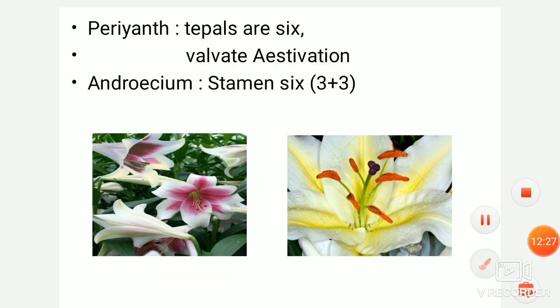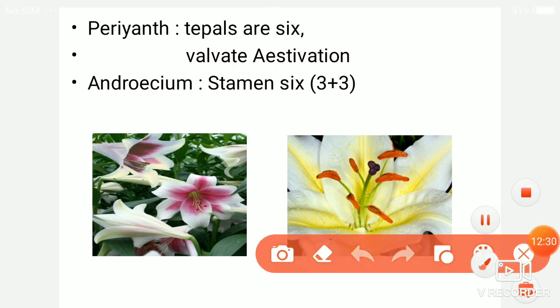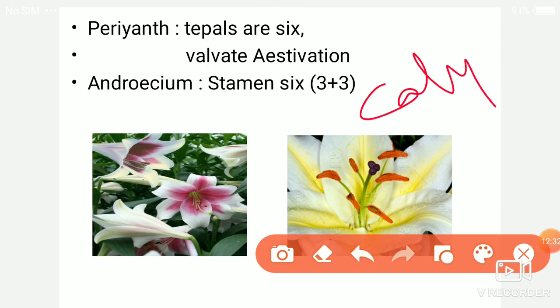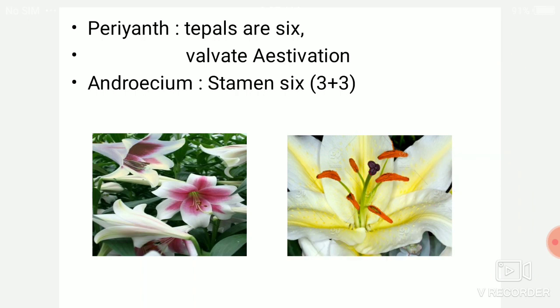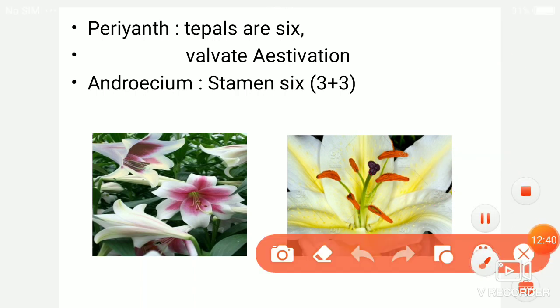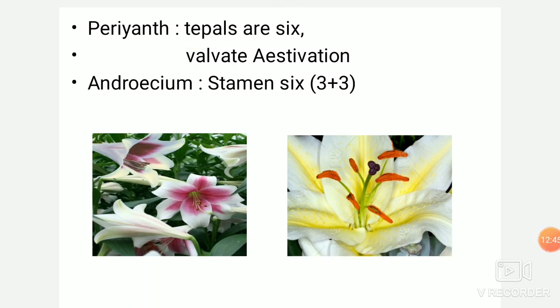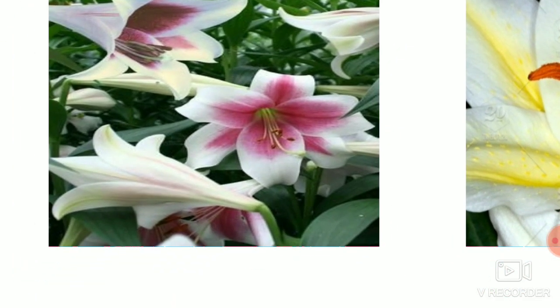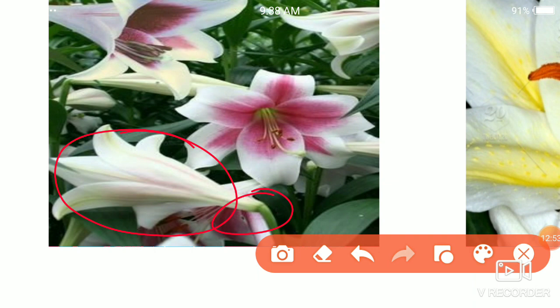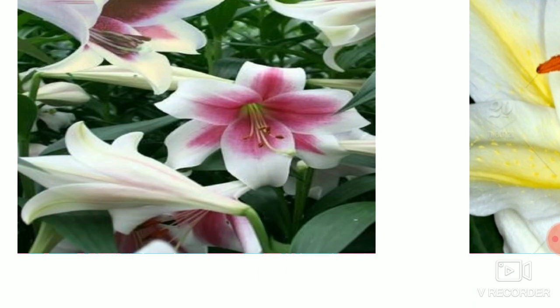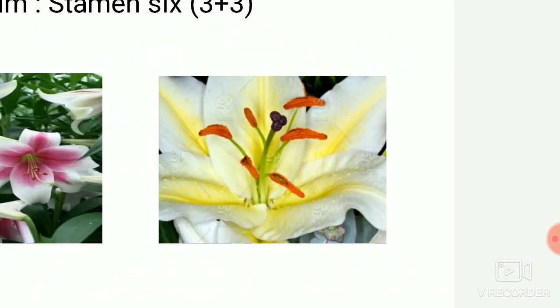An interesting thing here is they don't have a separate calyx or separate corolla. Both are fused. If both are fused, what it can be called? Tepals. You can see here, in this, petals are there. Here the petals are there. Is that calyx? If it is there, the calyx are absent. Calyx are absent.